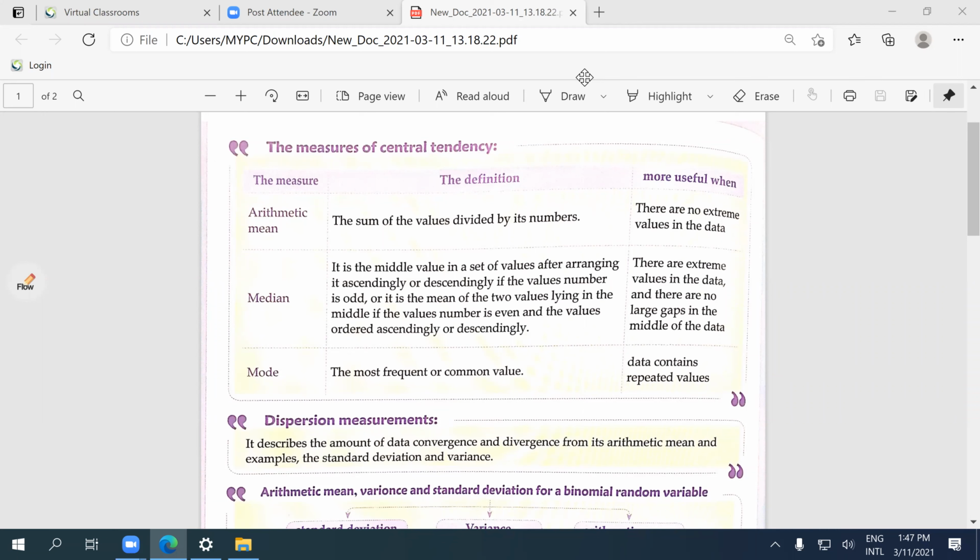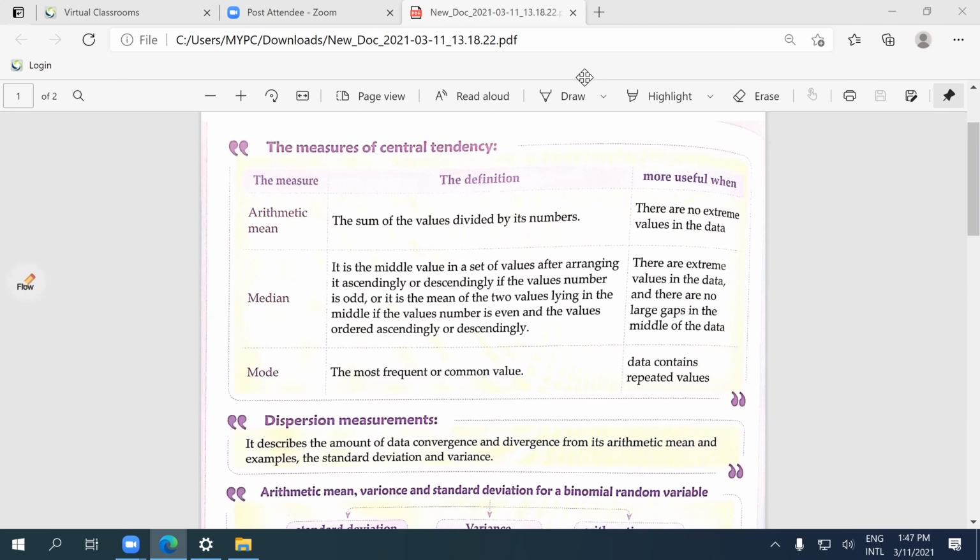We go to the mode. The mode is the most frequent, most repeated value. If you have data with a lot of repeated values, it's better to use the mode. And also if our values are qualitative values. What are qualitative values?